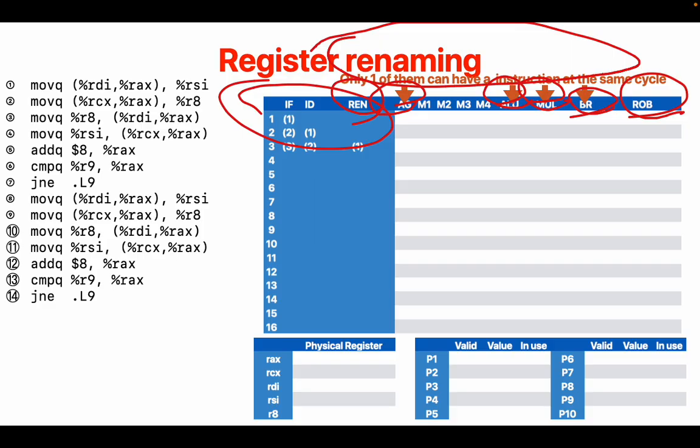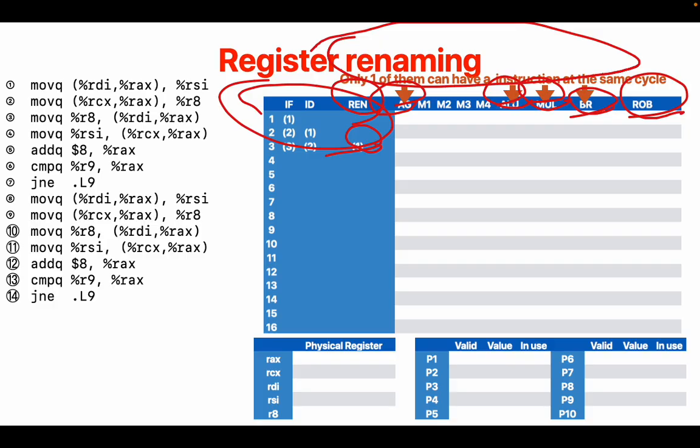Now, for the first instruction, which is currently at renaming, are we ready to execute this instruction in the next cycle? Are we ready to put this instruction to be issued in the next cycle?